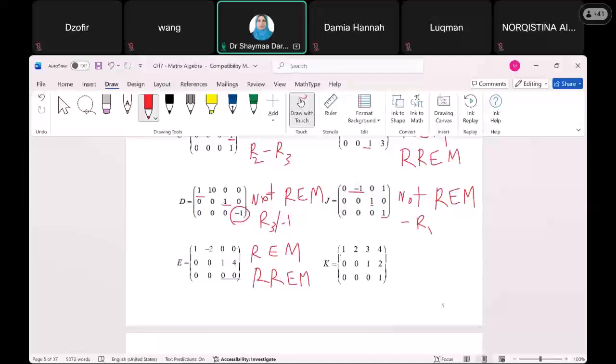Matrix K, is it row? We have the first non-zero number is 1. Each one come to the right, so row echelon matrix. Okay, is it reduced?